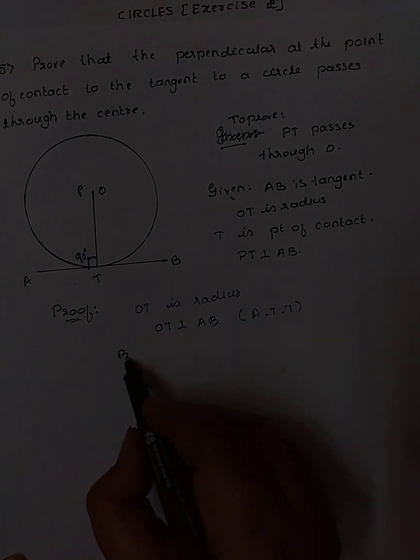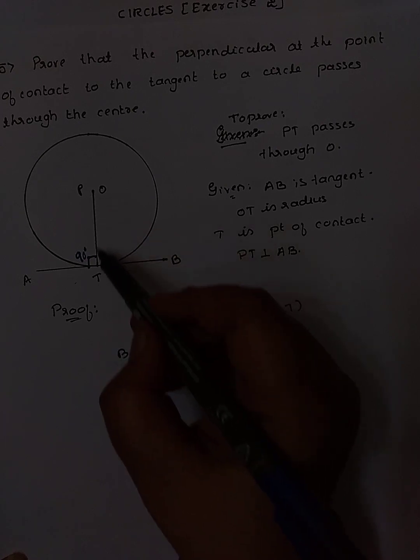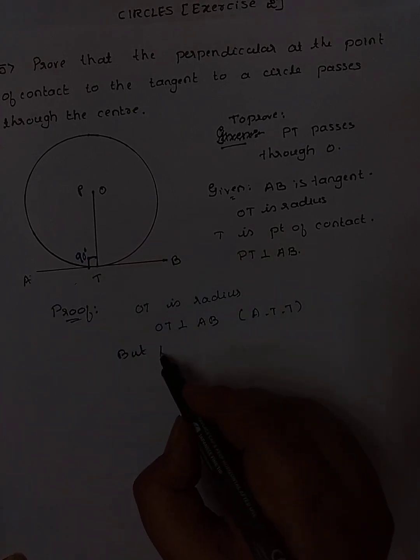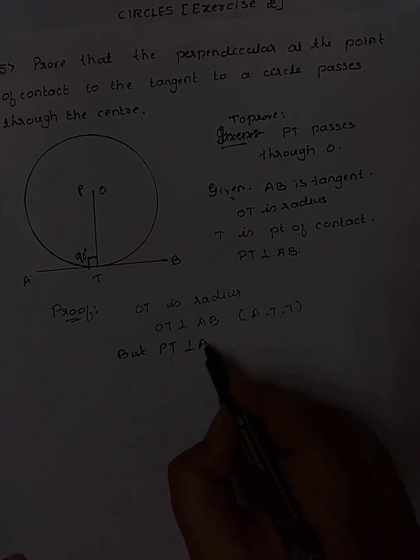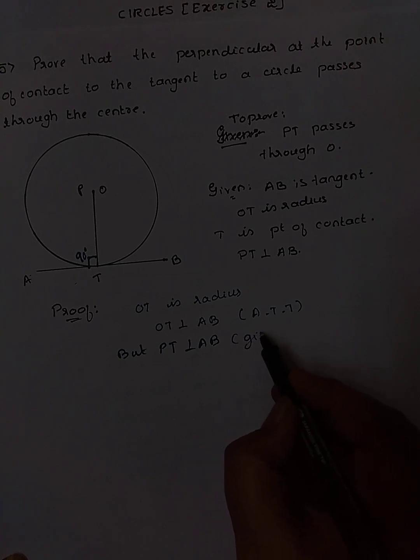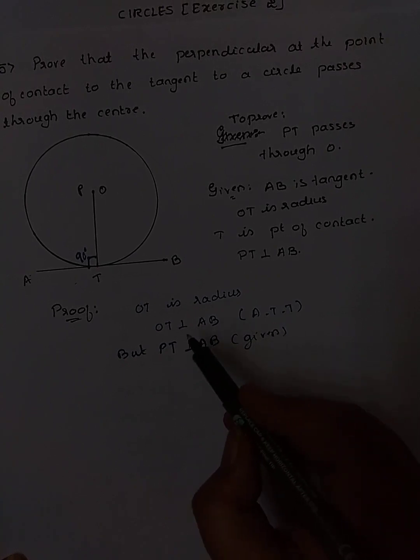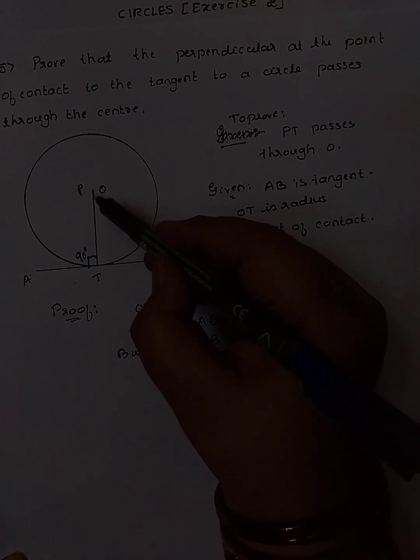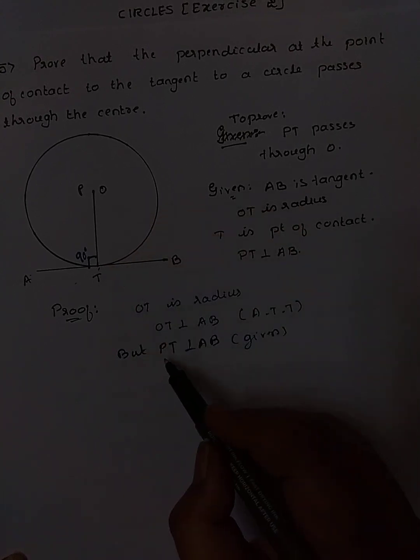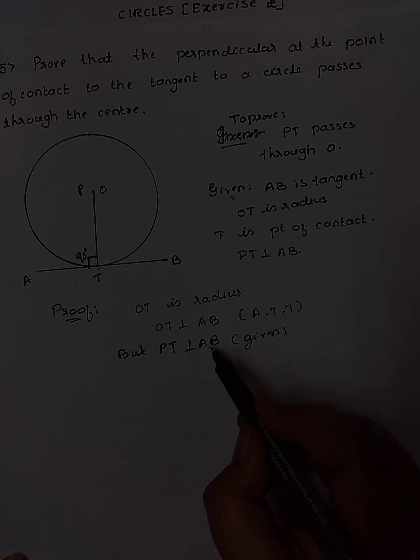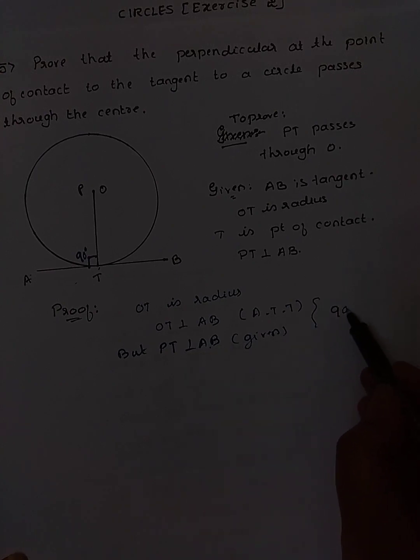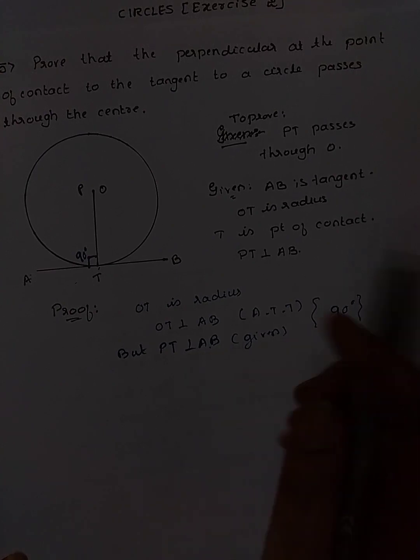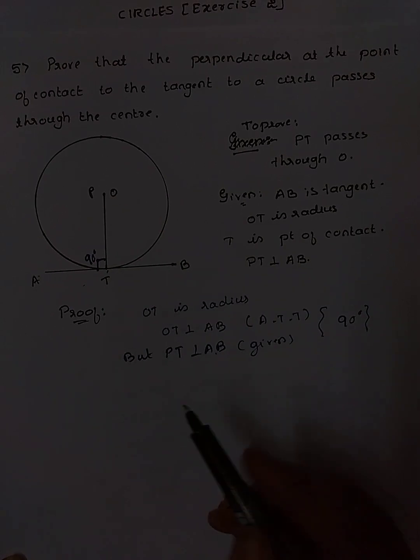But PT is also perpendicular to AB, it is given. Since the point of contact T is the same for OT and PT, both are the same and the angle is equal to 90 degrees. Therefore O coincides with P.